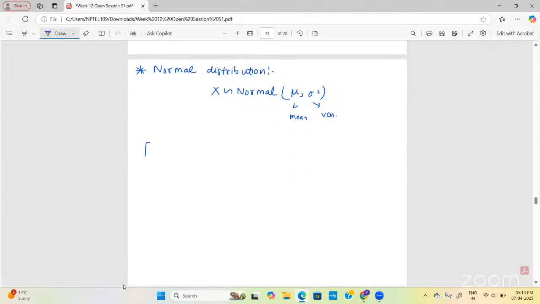And the PDF function is like this. It is 1 upon sigma under root 2 pi, e to the power minus 1 by 2, x minus mu divided by sigma, whole square. And the values taken by x are from minus infinity to plus infinity.